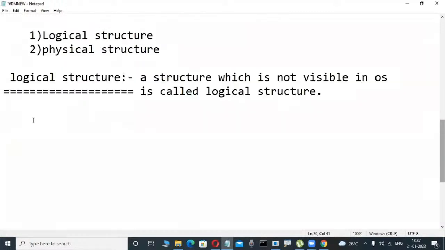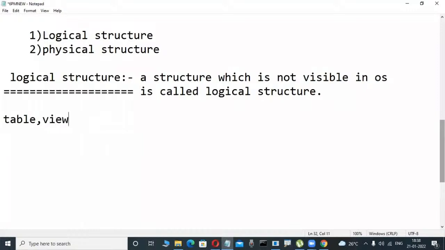But in this logical structure only, developers are working. Suppose I'm a PL/SQL developer, you are a SQL developer, Java developers, .NET developers, Python developers, ETL developers. These all persons are working in the logical structure. That logical structure contains tables, in Oracle or SQL Server, also tables are there. MySQL also has tables.